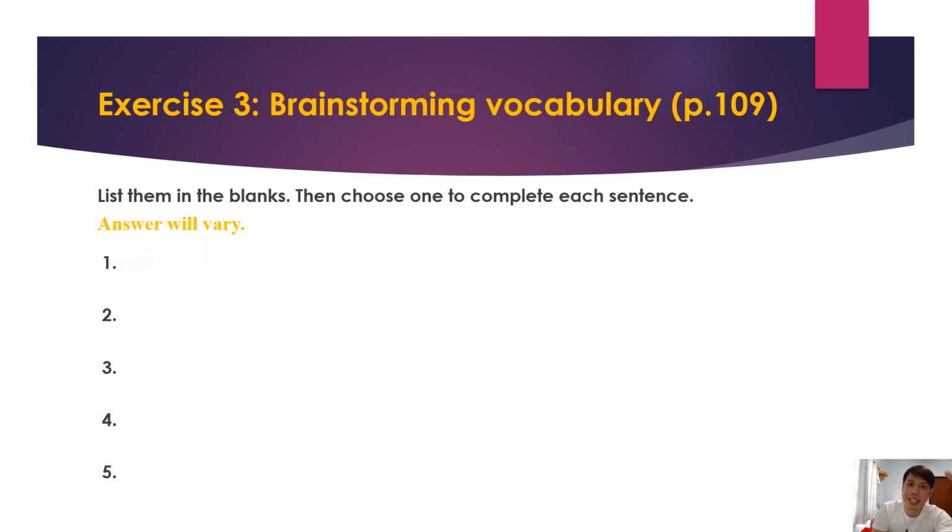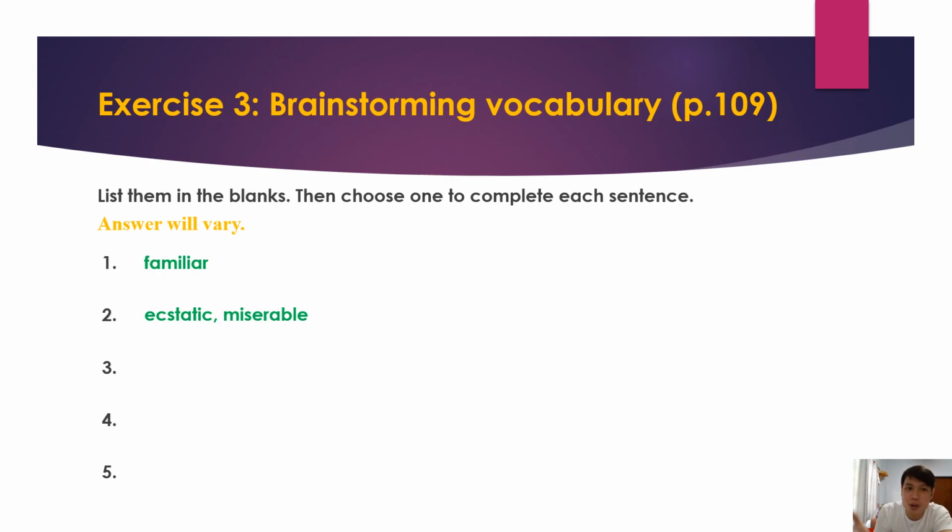This is some example. Answers will vary, that means you can answer in your own way. The first one: I was in a familiar place. It depends on the tone. If you have a positive tone, you can find positive words. The next one: scary, elegant, enormous, strange, not ecstatic, miserable.